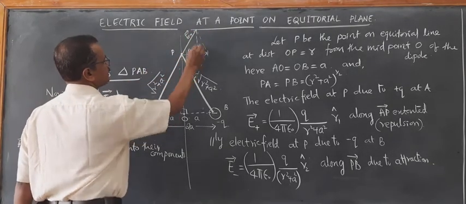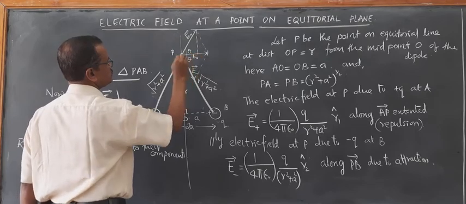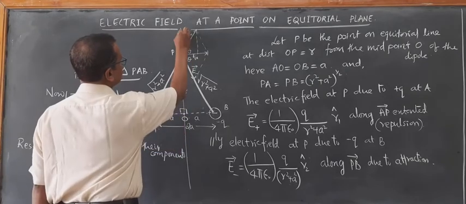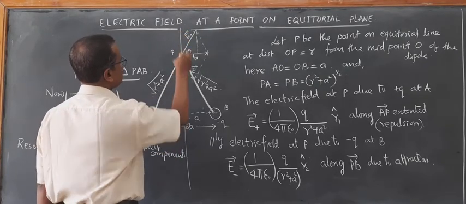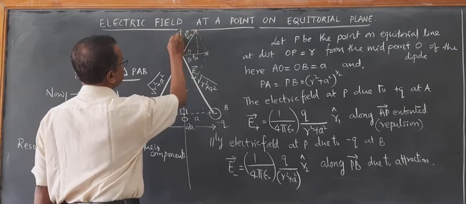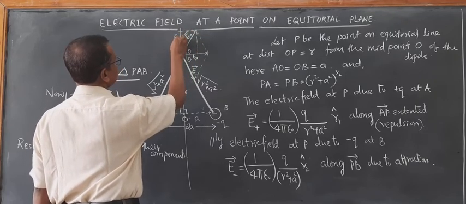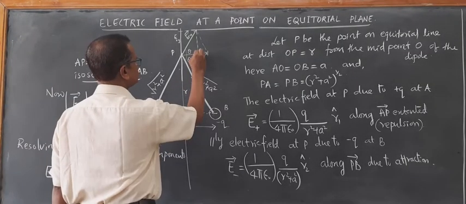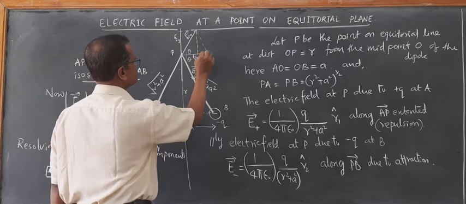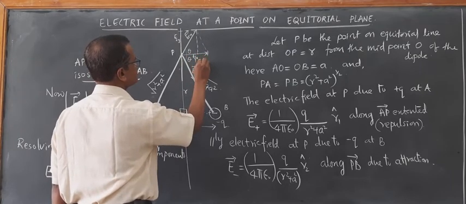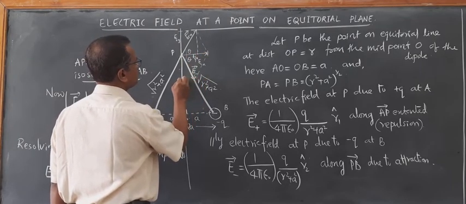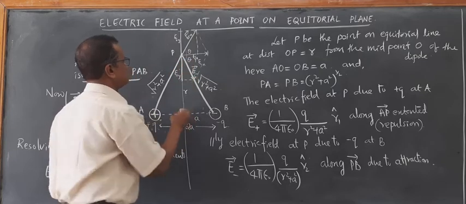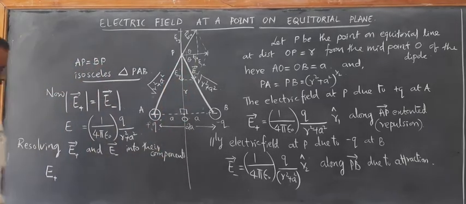This is E plus x component, and if you draw a perpendicular here along the y axis, this will become E plus y component. Similarly, if you resolve E minus, the x component will have the same direction as E minus x, and if you draw the y component, you get this. E minus y component is exactly in the opposite direction.